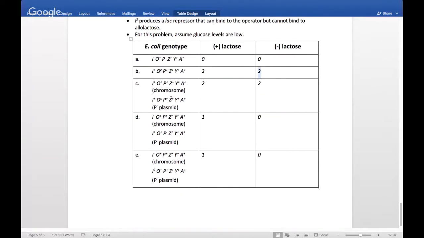For case C, we see that we have a merozygote form here. In the first chromosome here, we see that all of them are positive, so that will transcribe one sequence there.